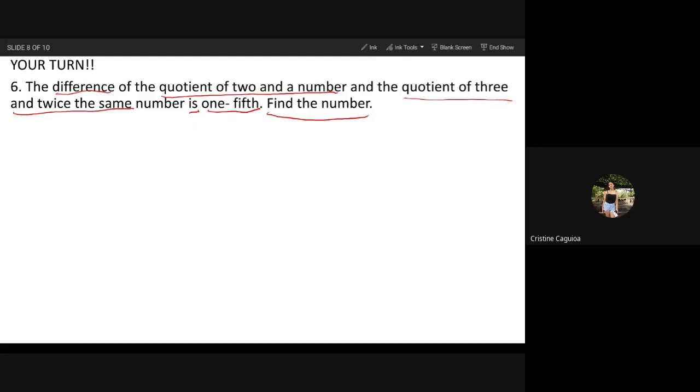Malakas naman ang connection ko. Mababa na.